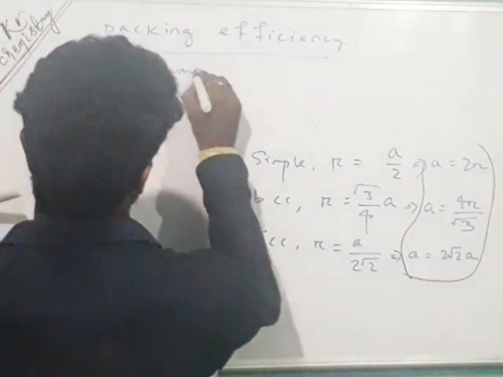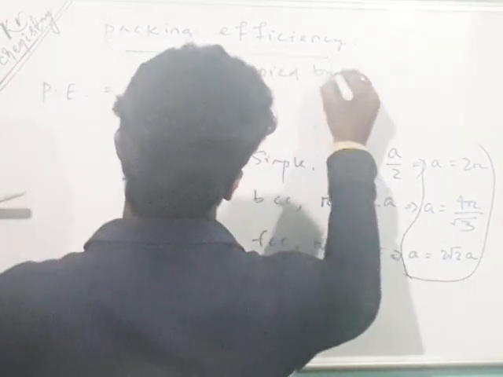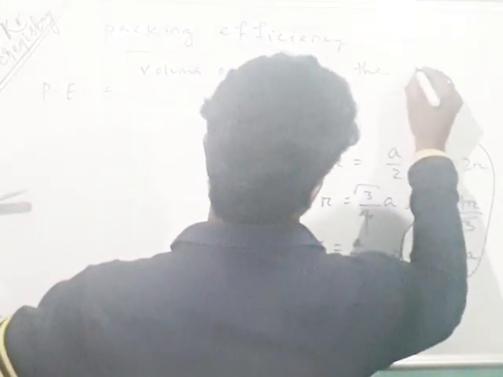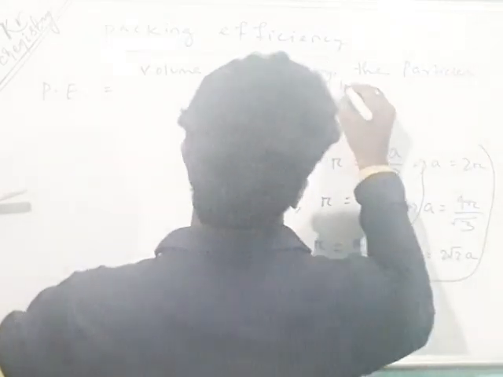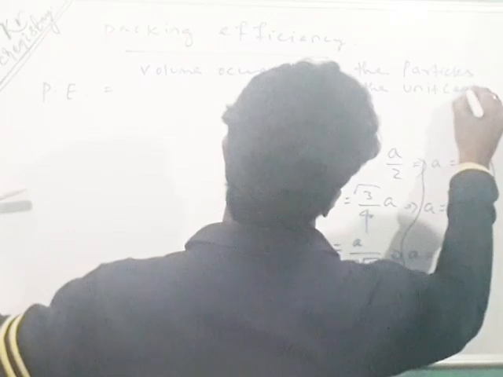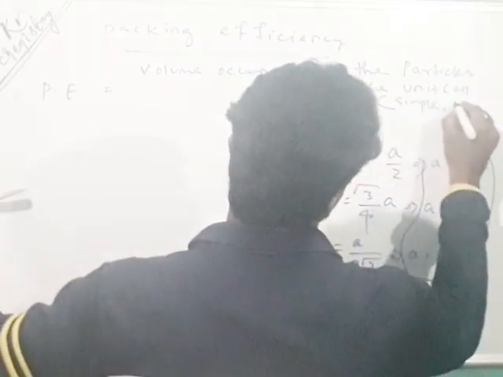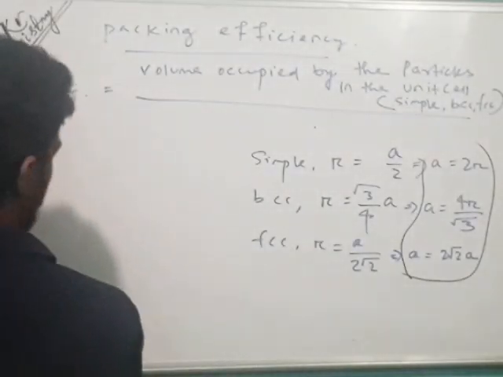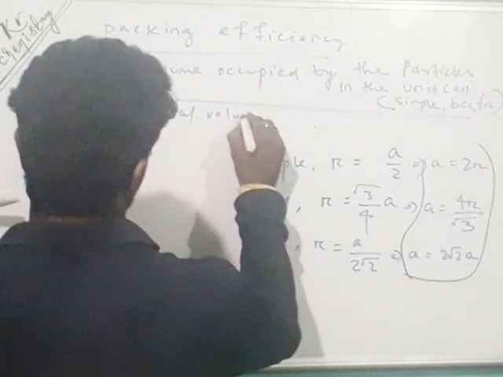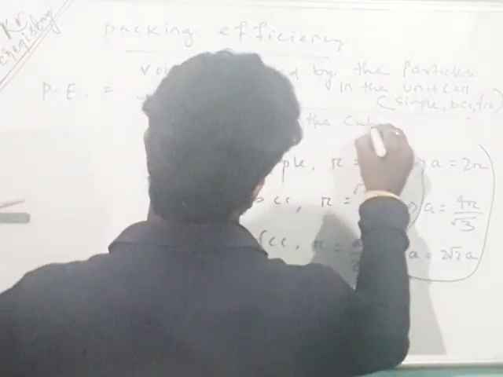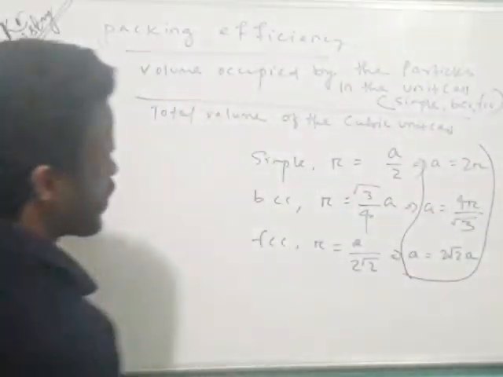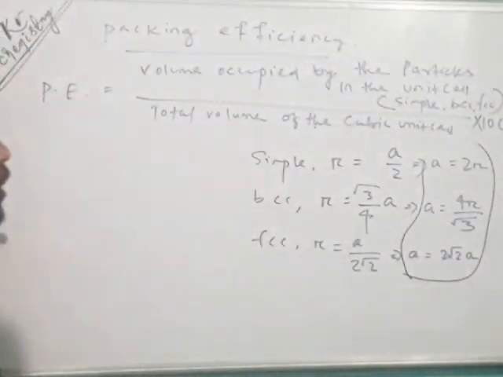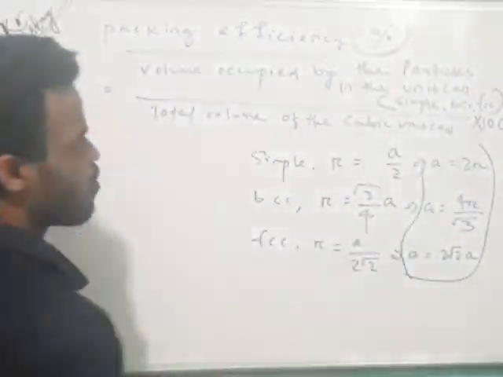Packing efficiency is equal to the volume occupied by the particles in the unit cell, that unit cell may be simple, body centered or face centered, divided by the total volume of the cubic unit cell, into 100, meaning packing efficiency is expressed in terms of percentage.